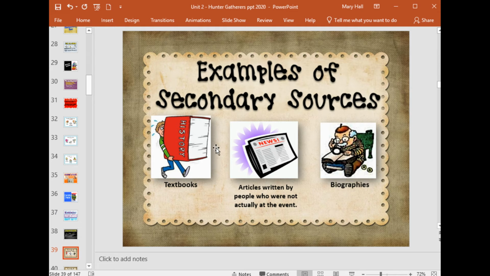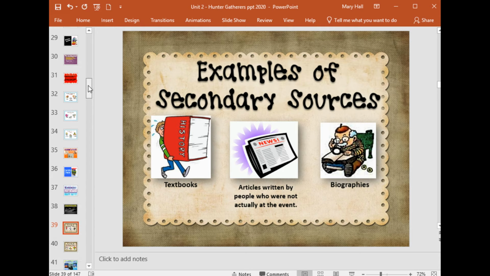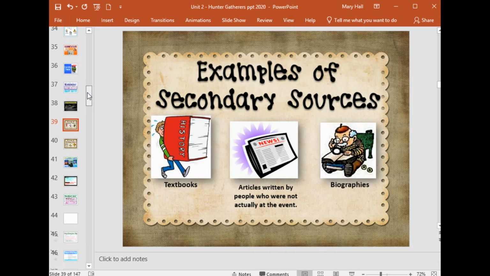Some examples of secondary sources. Textbooks, articles written by people who were not actually at the event, biographies. A biography is when somebody writes about somebody else's life. If I wrote about Oprah Winfrey, that's a biography. An autobiography is when you write about your own life.